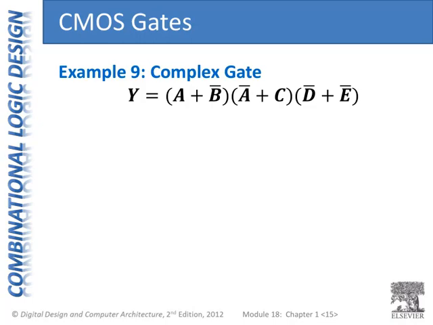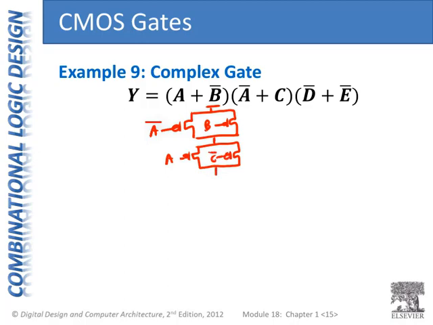We're going to get Y equals, well, A or B bar, and A bar or C, and here's our pull up, and now we're going to implement the pull down.